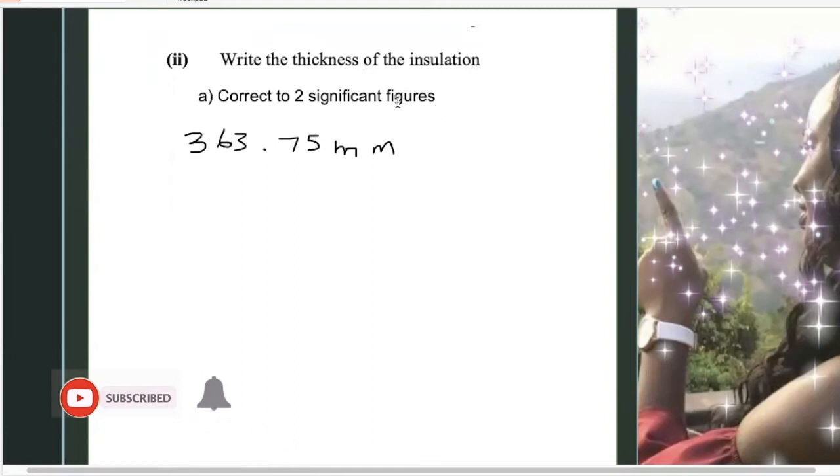So what we're going to do is rewrite this to 2 significant figures. When we're looking at significant figures, this is considered to be the first significant figure, then this will be the second significant figure, this will be the third, this will be the fourth, and here I have the fifth.